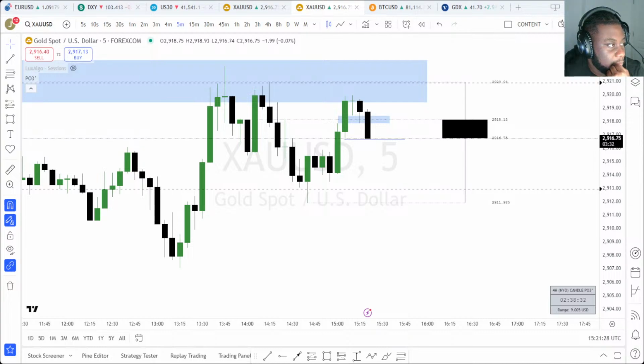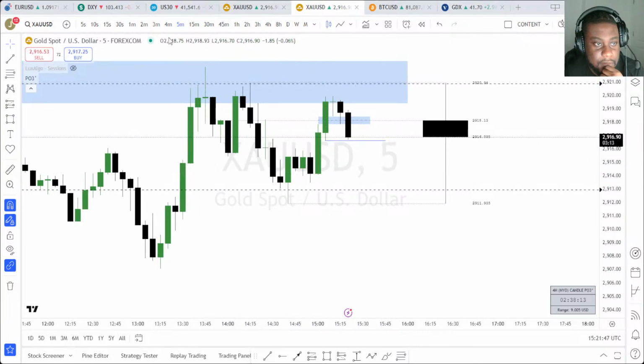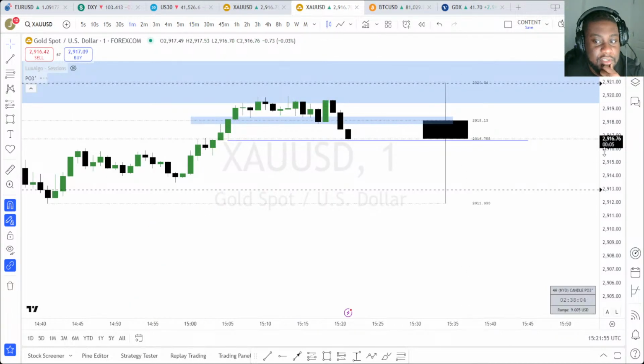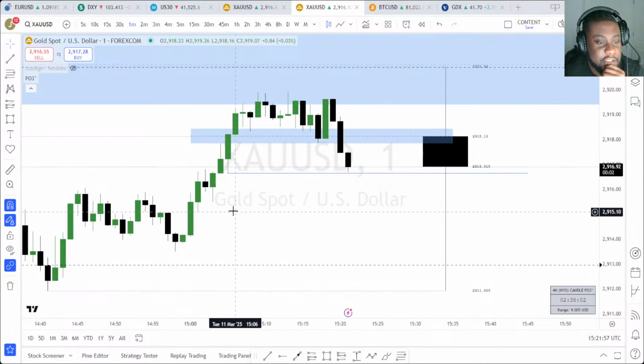All right, that's one position down. I would hate to just exit these moves and then it just moves in a direction that I was anticipating anyways.